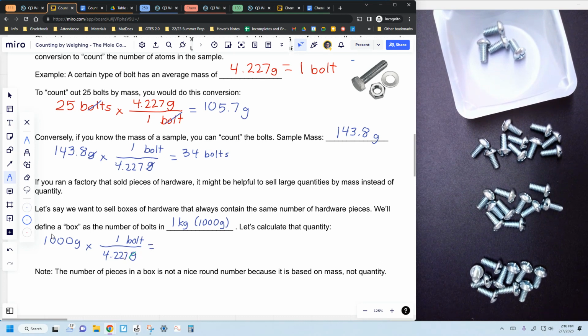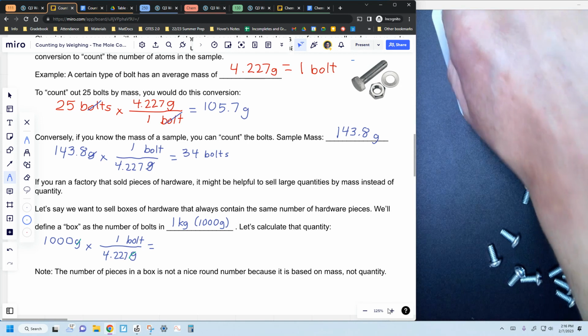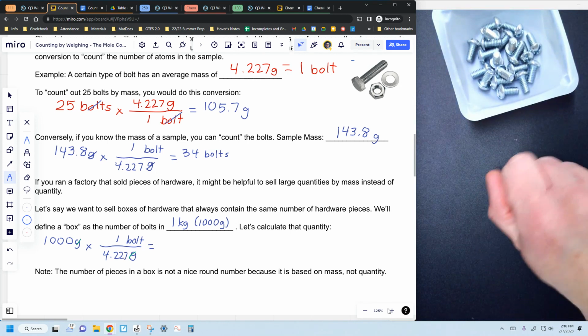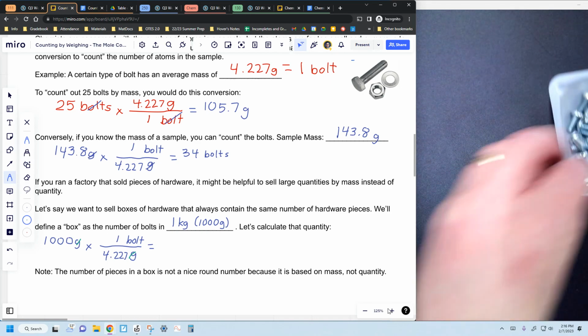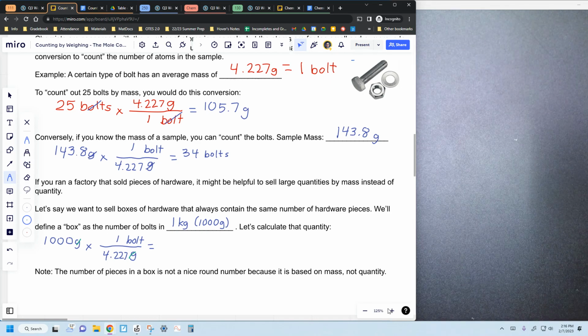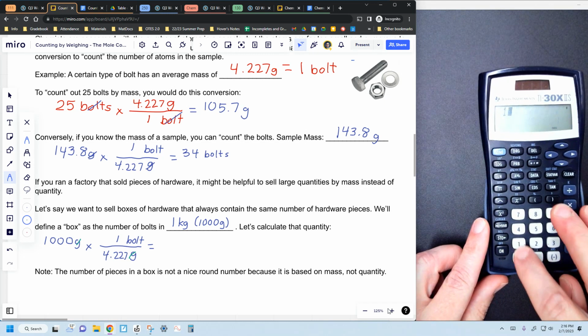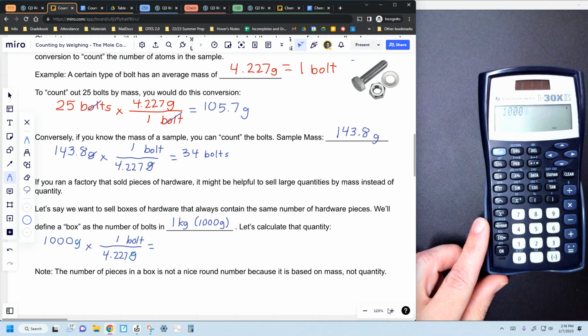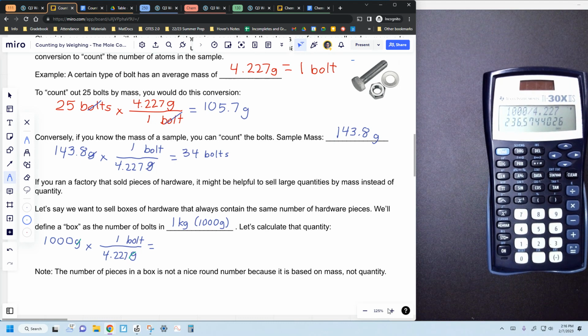So grams would cancel. I'm going to end up in volts. We'll get that number. So I'm taking 1,000 times 1, which is just 1,000, divided by 4.227. And I get a not very nice number, right?